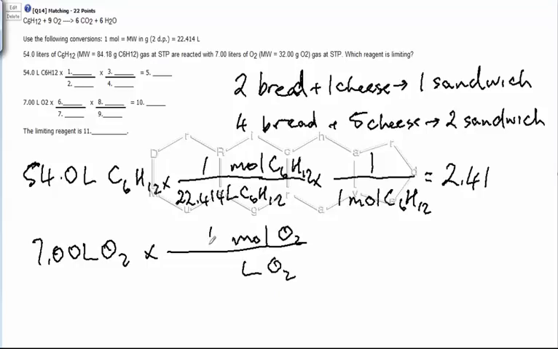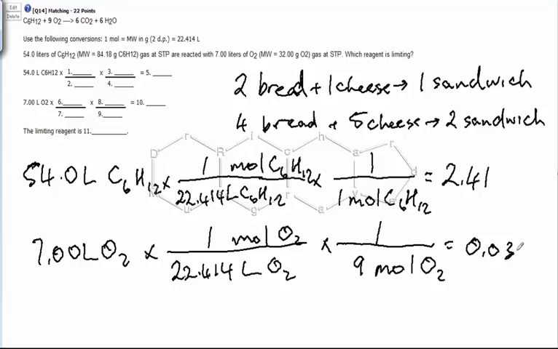The relationship between these, 1 mole of O2 is equal to 22.414 liters of O2 times, and then a line, 1 over the number of moles of O2 in the reaction equation, which is 9 moles of O2. So that gives us 0.0347 as our mole ratio. As you can see, this one has a smaller mole ratio, so the limiting reagent is going to be O2.